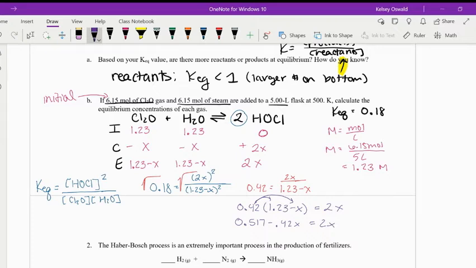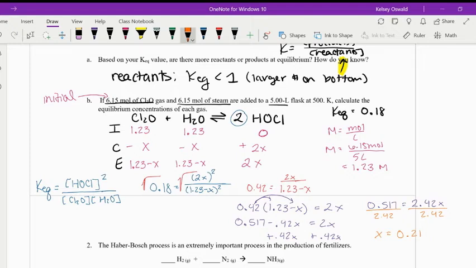Now we're able to combine those like terms. So we want to get x on one side of the equation. So we add 0.42x. We're left with 0.517 is equal to 2.42x. And then our last step to find how much those concentrations are going to change by is to divide each side by 2.42. And we should find that our x value is 0.21.